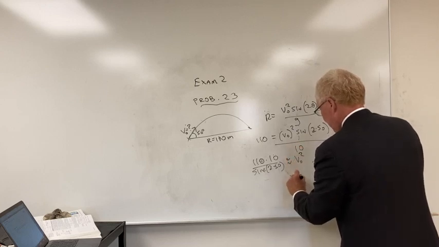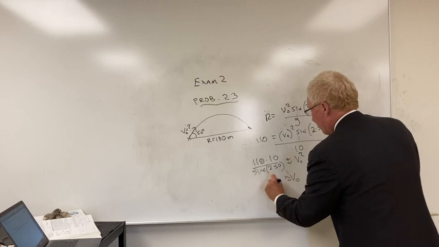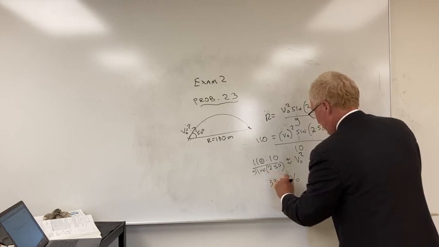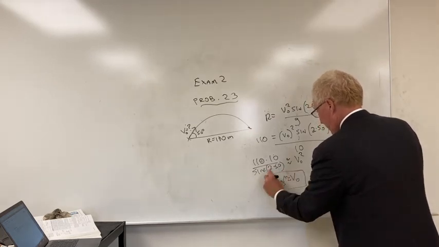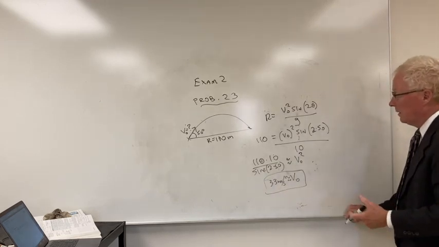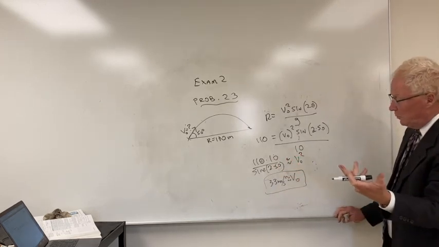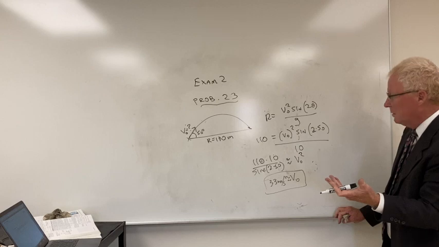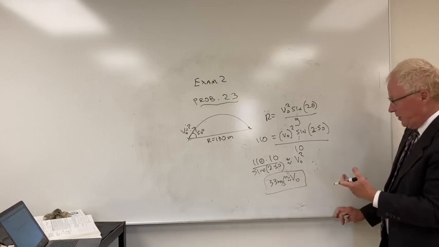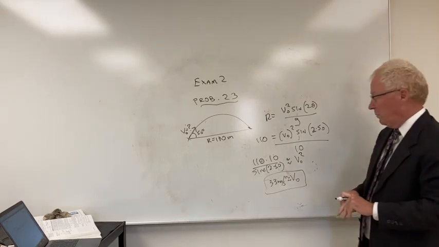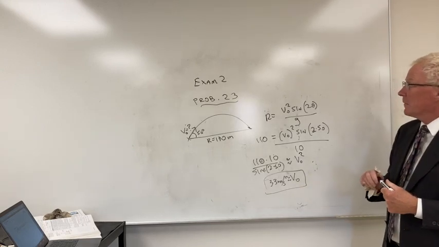So V naught turned out to be about 33 meters per second. All right, you can calculate this yourself. This is sine of 100, which is a little bit less than 1. So the answer is about 33 meters per second.